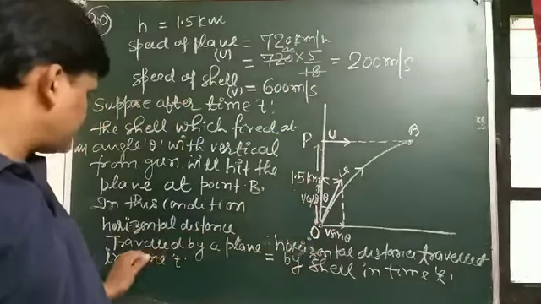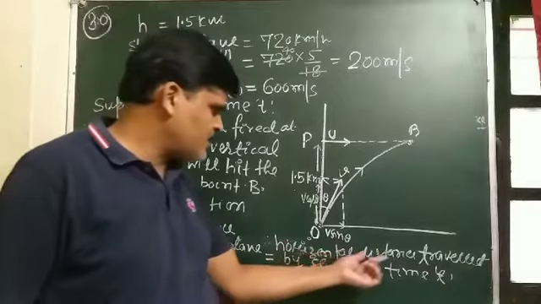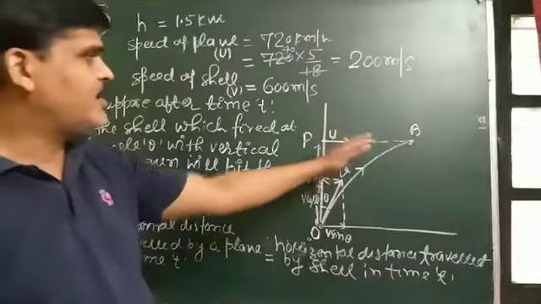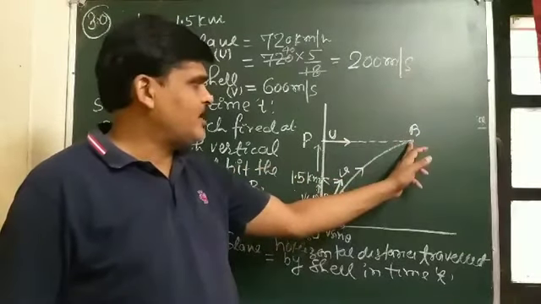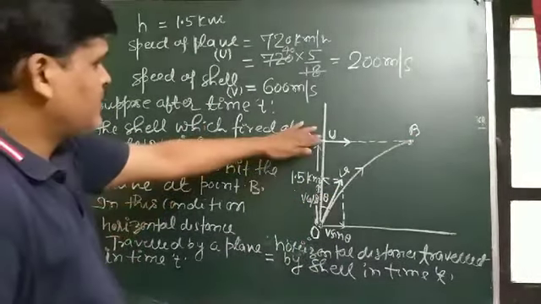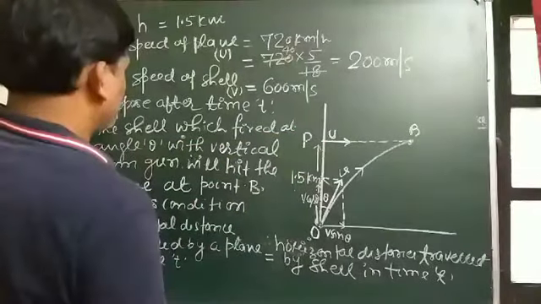So the horizontal distance traveled by the plane in time t is equal to the horizontal distance traveled by the shell in time t when the shell hits the plane at the point B. And you know that the horizontal distance for the plane can be written in the form, student.